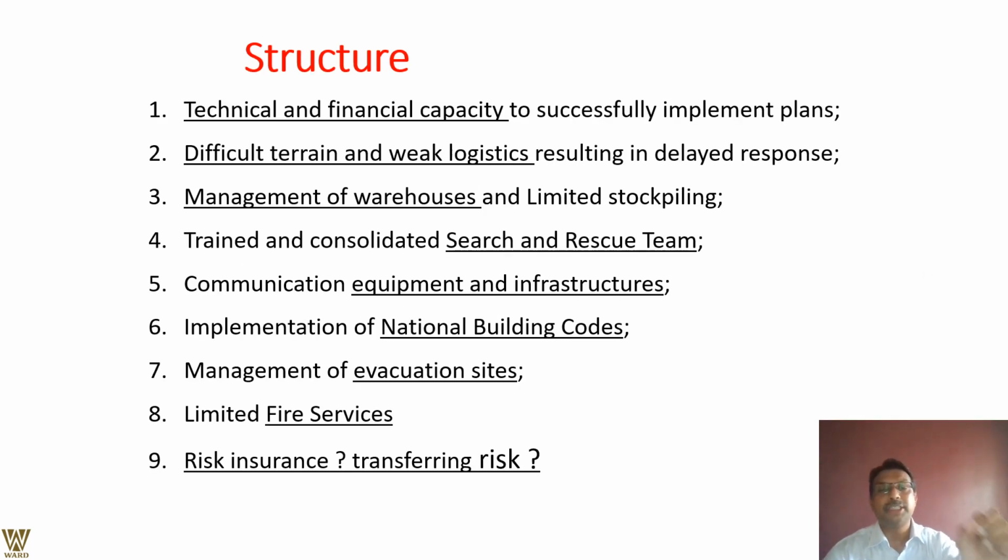We talk about structures, technical and financial capacity to successfully implement plans, difficult terrain, and weak logistics, resulting in delayed response. What do you mean by difficult terrain? It might be a mountainous zone, it can be a flood-prone zone, there can be no mode of transportation which is difficult. The mobile network connectivity is down.